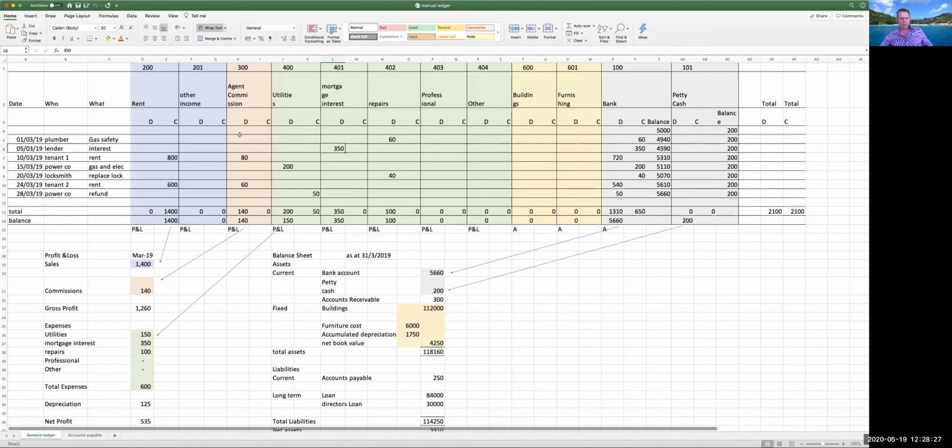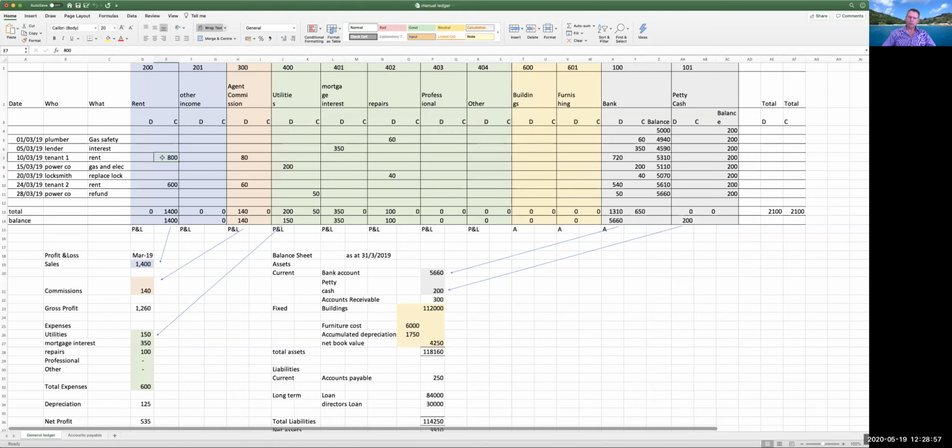So just working down, on the 10th of March, we had £800 of rent come in. We've already covered this earlier in this session. The bank account is actually saying £720. The easy mistake to make is to go, oh, that's rental income, and therefore I'm going to put £720 in for rent.